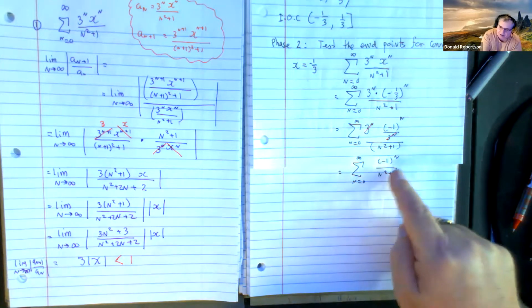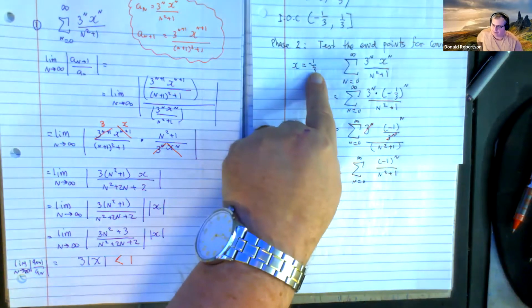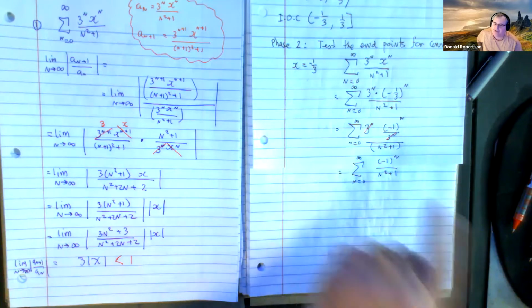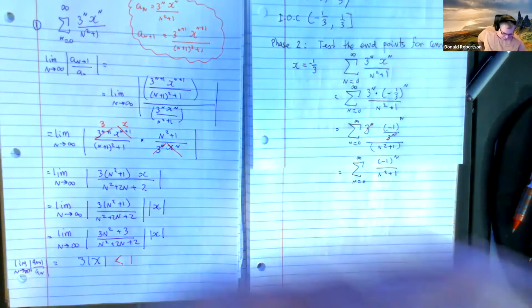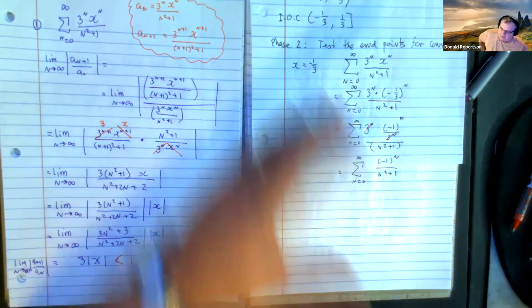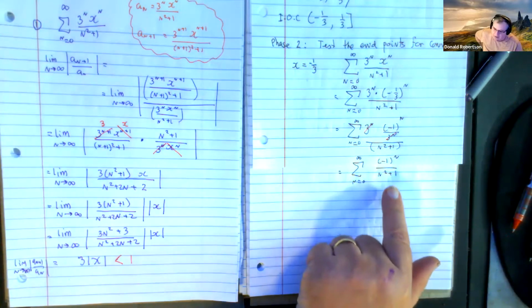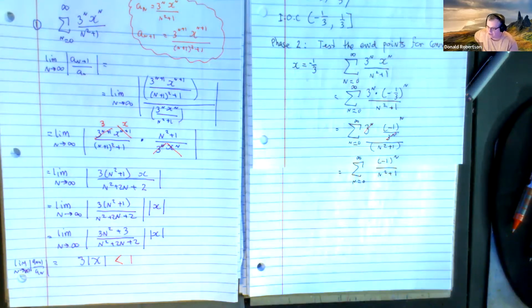Now, if that power series converges, it means you can use -1/3. If that power series diverges, you cannot use -1/3. So that's how we're going to tell whether I use a square bracket or a curved bracket. You don't know what you're going to get until you get there, but you have 10 tests that you could use.